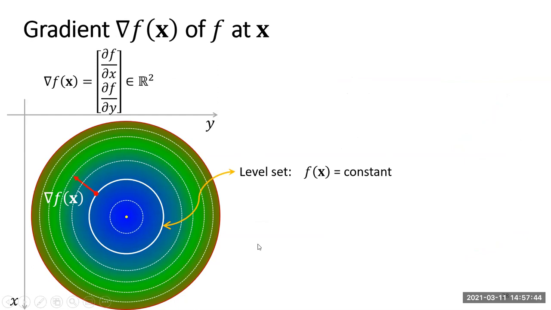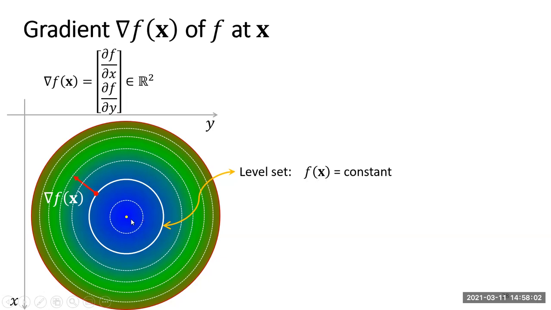It's a two-dimensional vector. And these concentric circles that you see are called level sets. Each of these contours represents f of x equals some constant for different values of the constant.